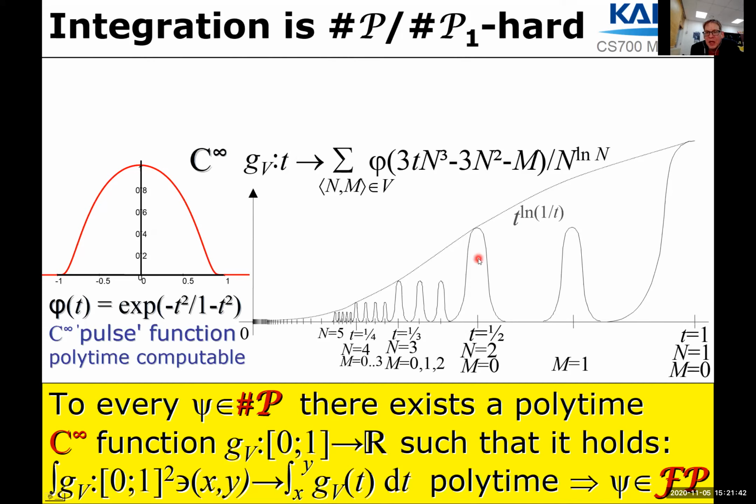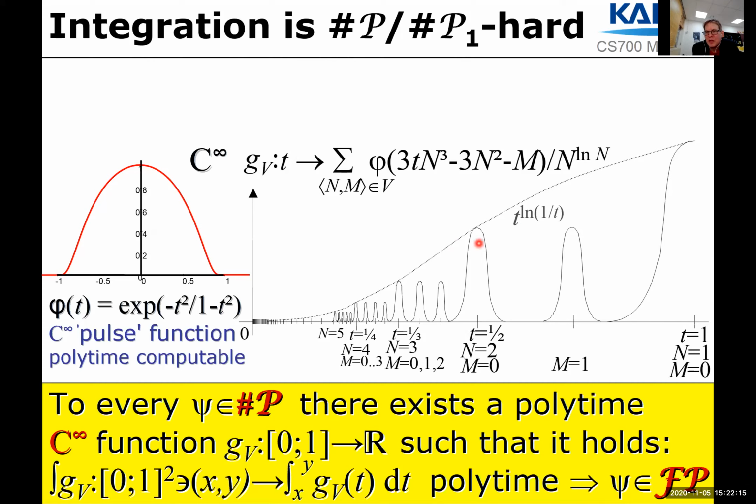And let me say it again, the proof idea is instead of checking whether a witness is present by checking whether the pulse is present, which affects the maximum of the function, here we can check how many witnesses are present by counting how many of the large pulses are present, because the area under these pulses, that is the integral, is an indication of the number of pulses.